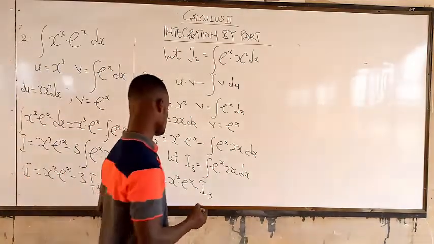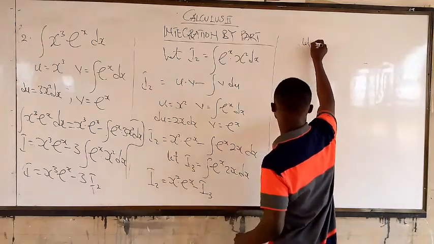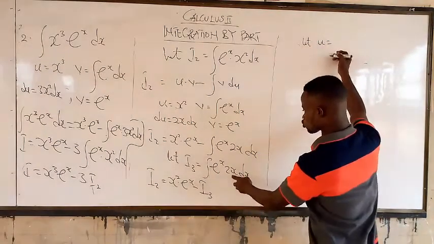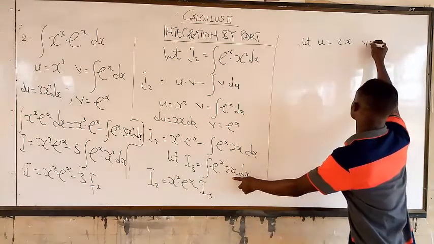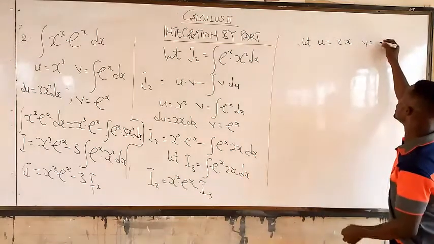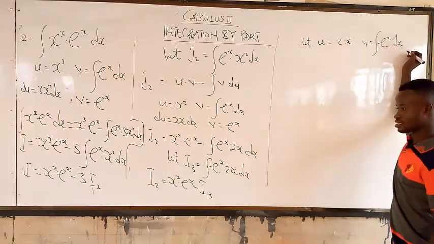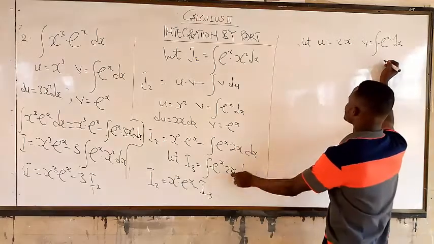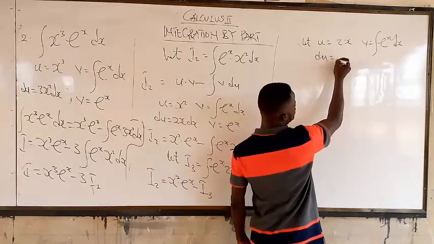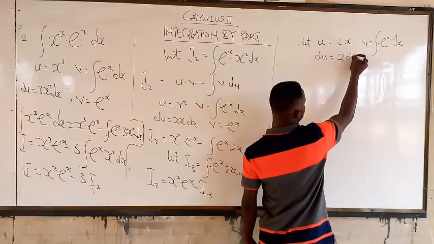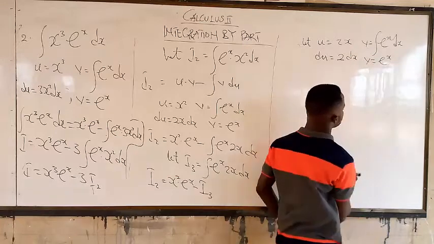Keep following. Now, we can let u be equal to 2s, v be equal to e raised to power s, the integral of e raised to power s ds. This is I3, that's what we are doing. So du is 2 ds, v is e raised to power s.